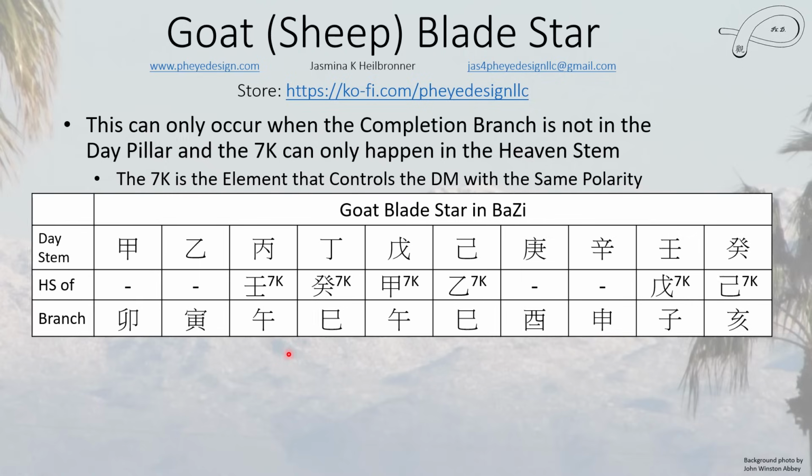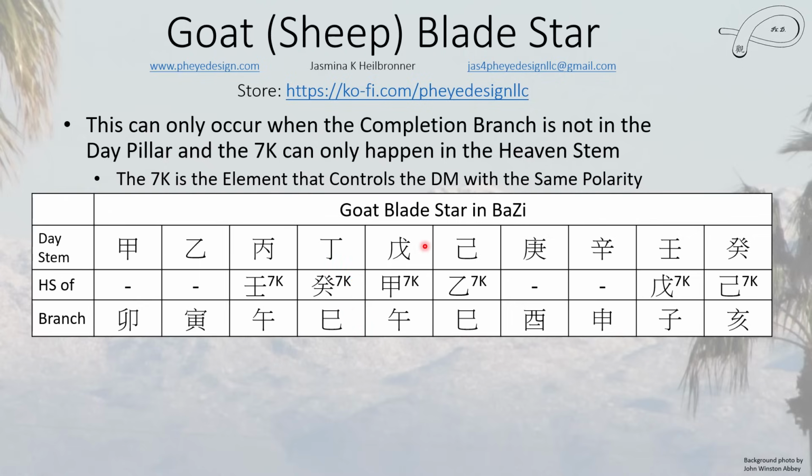So if your day stem is yang fire and you have a water horse, you have this. If your day master is yin fire, you can have a water snake and also have this.